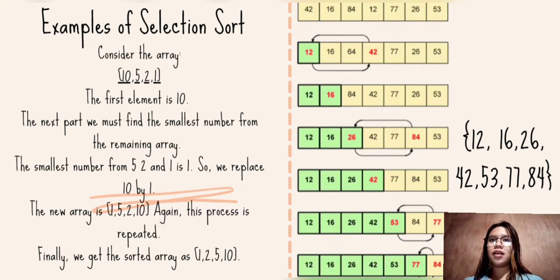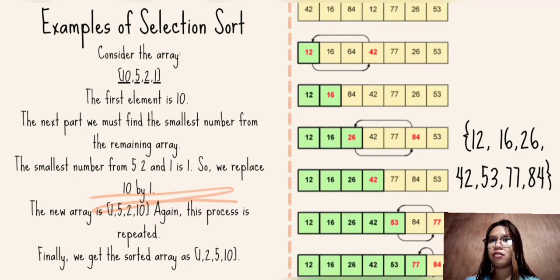The next is 26, and it is swapped into the third position. The next is 42. It is already in the correct position, so dili na nato siya ilabdan. Okay. The next is 53.